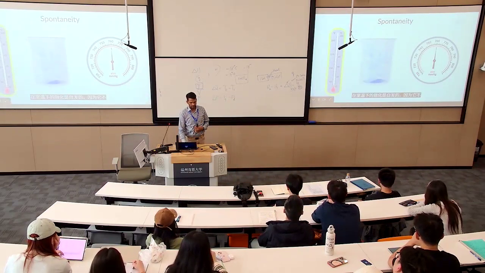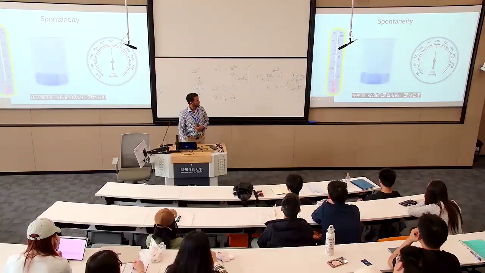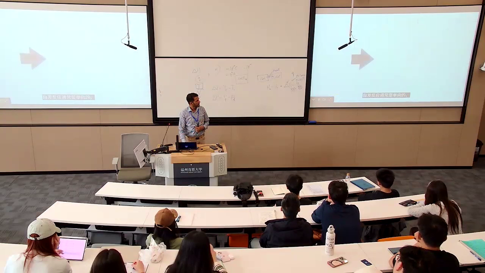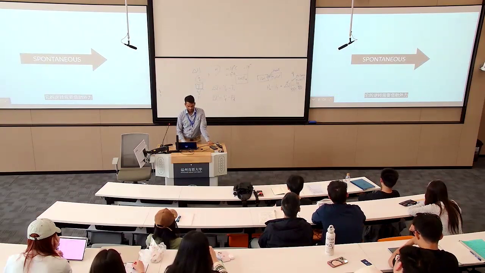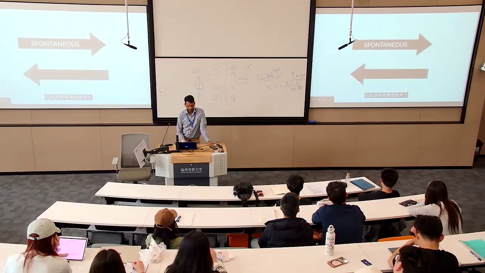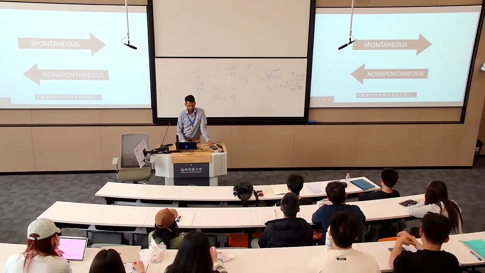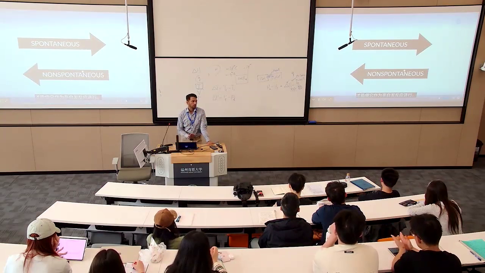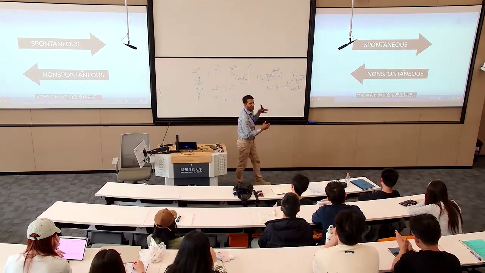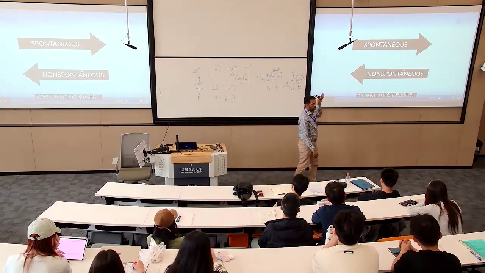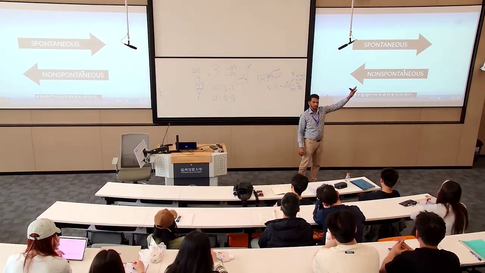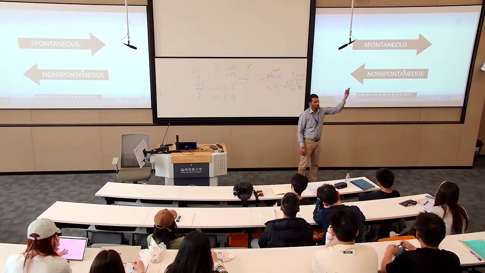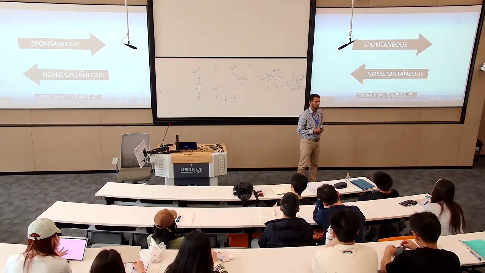However, the melting of ice at room temperature is spontaneous because it does not need any external intervention. A spontaneous reaction is usually unidirectional, and its reversal requires an external force to make it proceed as a non-spontaneous reaction. So this is also like chemical equilibrium. If a reaction is spontaneous in the forward direction, then it is non-spontaneous in the reverse direction.